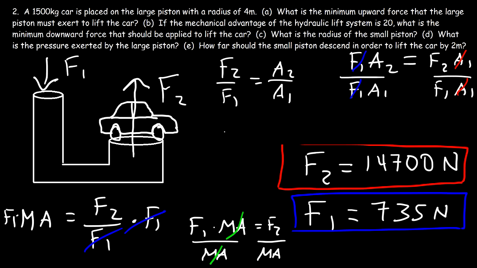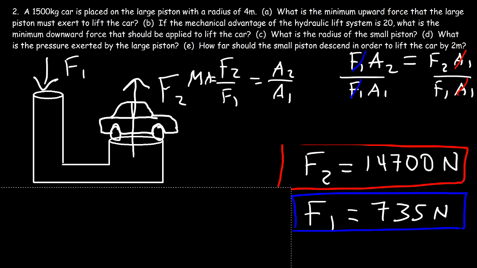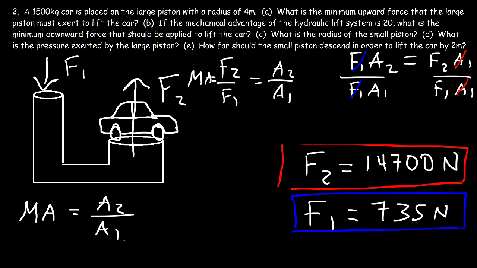And we know that mechanical advantage is basically equal to the output force over the input force, the output force being F2 and the input force being F1. So we could say that the mechanical advantage is basically the ratio between the areas of the large piston and the small piston.